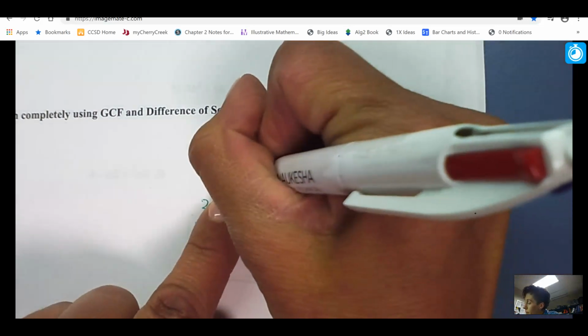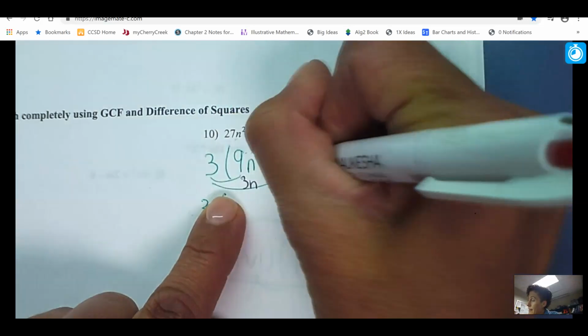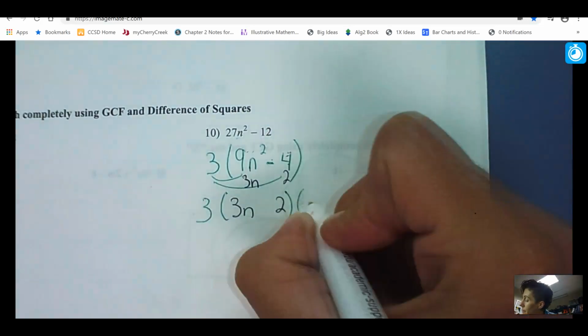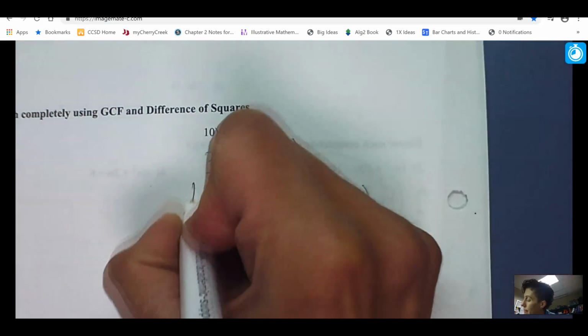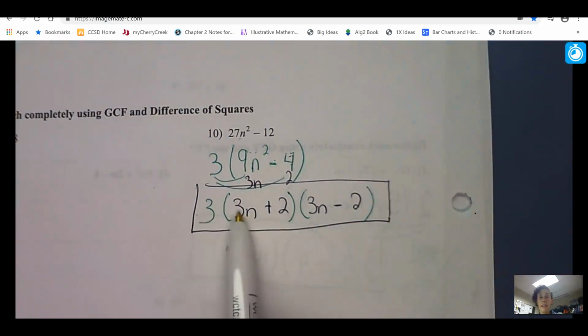So this perfect square, its square root is 3 and n, and this one is 2. So we'll put them in our parentheses, and we'll switch them up by putting a plus in one and a minus in the other. And now you have factored this completely. You have 3 factors, your GCF, here's your second factor, and here's your third factor.